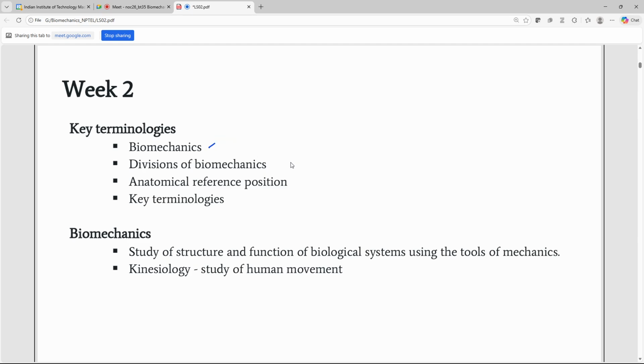In our last interaction itself, I mentioned what mechanics is and how it is divided. That is also discussed here: the different study branches of mechanics, and which branch biomechanics comes under, and also the anatomical reference position. To say anything, we need some reference frame. That is from mechanics.